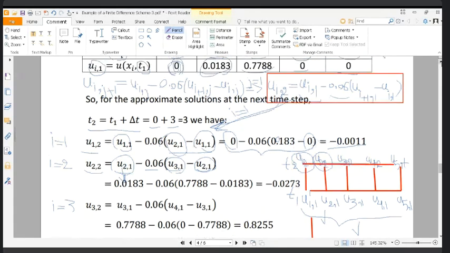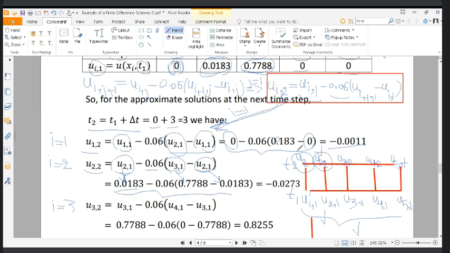You can see these values in this table. u2,1 is 0.0183. u3,1 is 0.7788. And again, u2,1 is 0.0183. When we compute this line, the result is minus 0.0273. And then we compute u2,2.